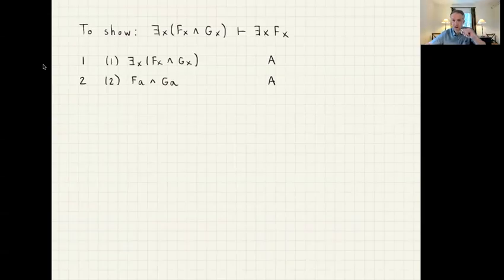What's actually going on here, though, is this mimics a pattern of reasoning where you say, let A be such a thing.